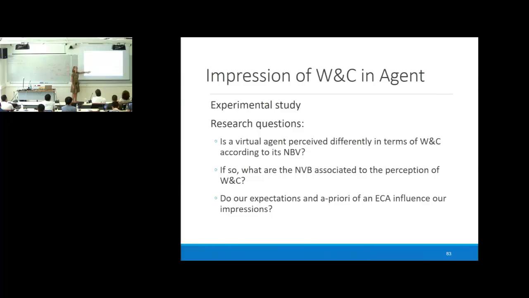And moreover, we ask ourselves how we frame the virtual agent. Is it fully autonomous, or is it an avatar, that means driven by humans? Does it have artificial intelligence or human intelligence? And how will it affect the impression we get of the agent?